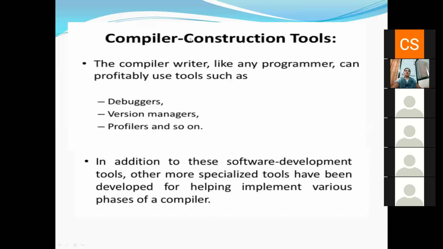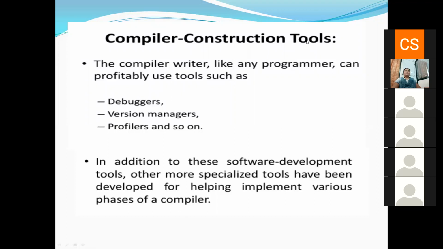The job of a compiler construction tool is to help us develop a phase as a tool. So instead of writing the compiler as a whole, we can divide the compiler into a number of phases, and each phase acts as a tool.